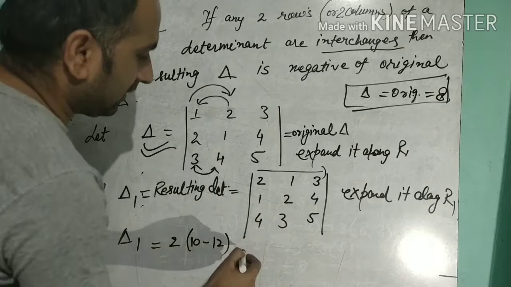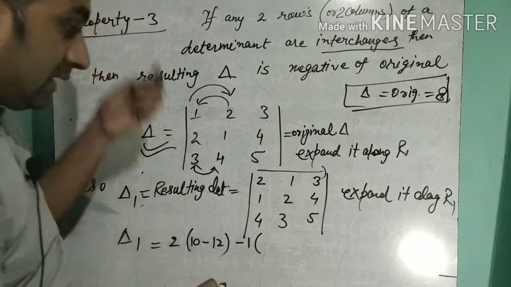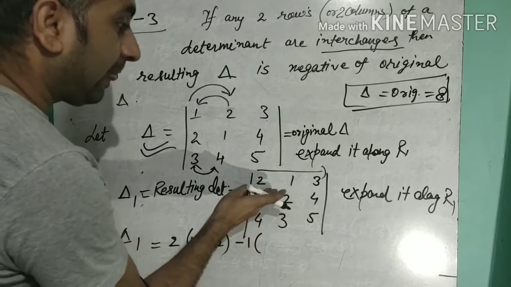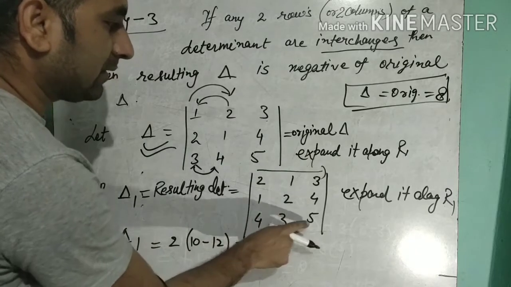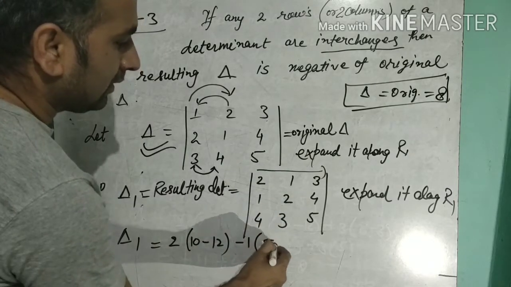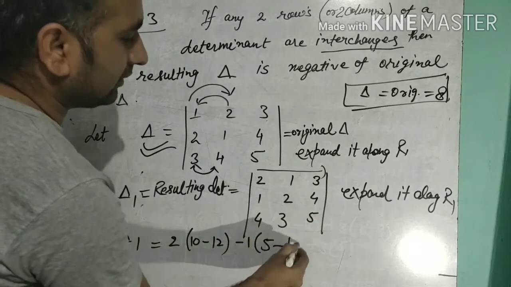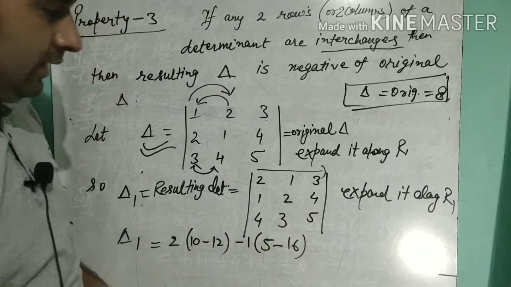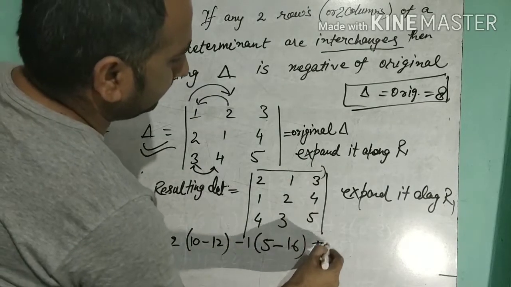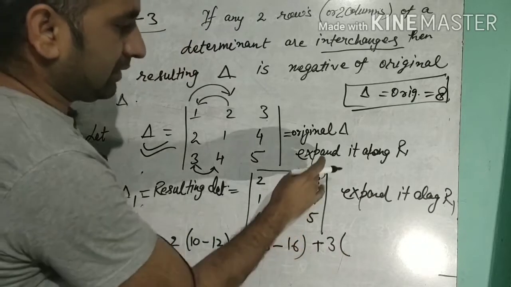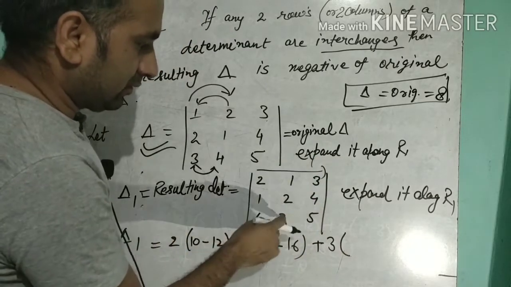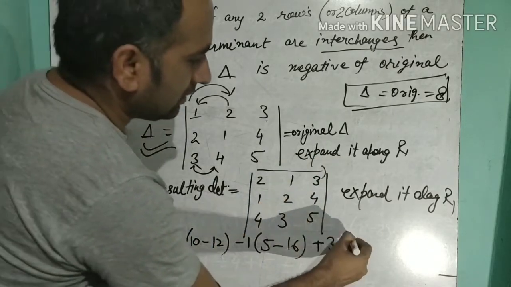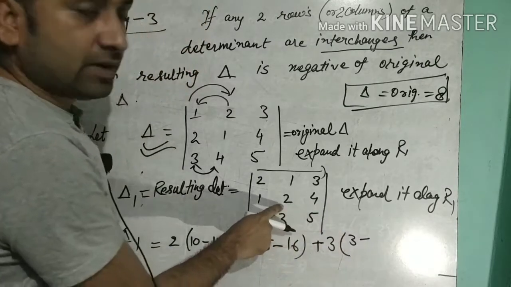Now I am on minus 1, and students, we will remove the first row and second column. This will give you 5 1 are 5, minus 4 4 are 16. Okay, and now plus 3, and now students, we will remove the third column and first row. So this will give you 3 1 are 3, minus 4 2 are 8.